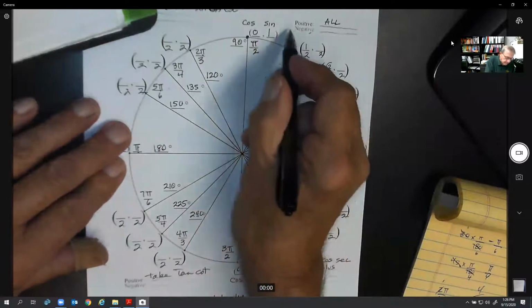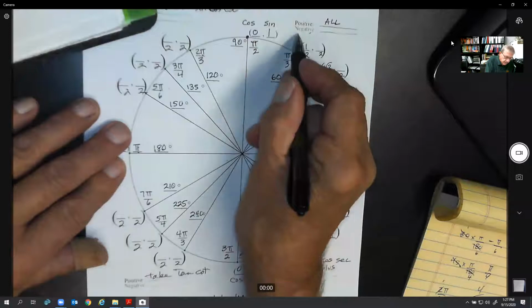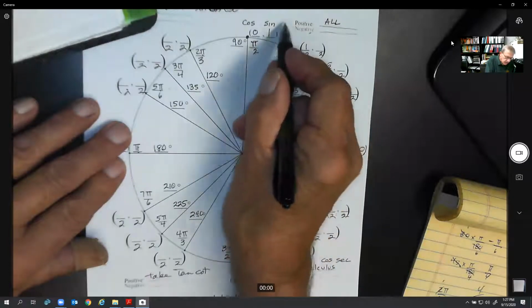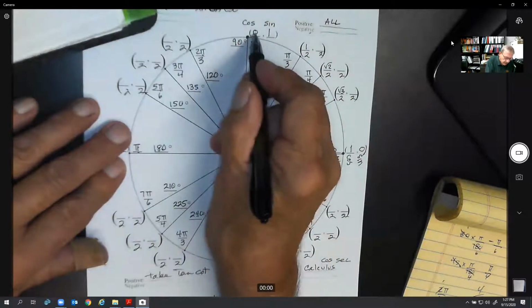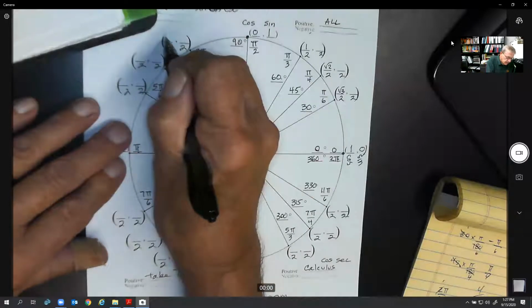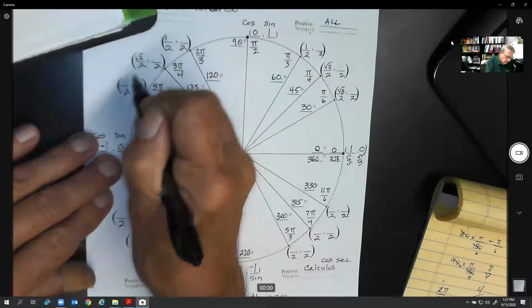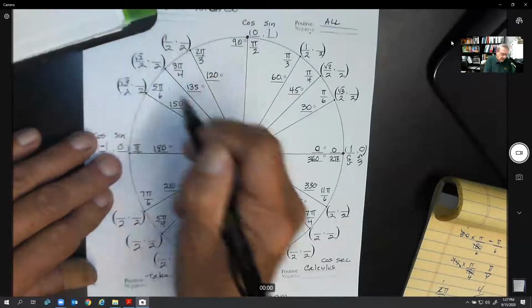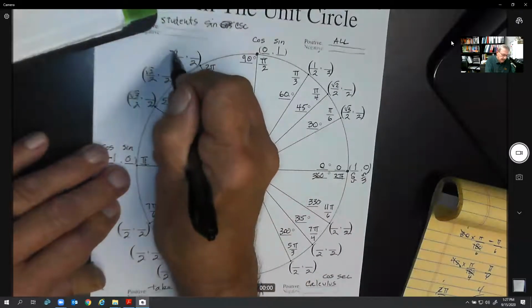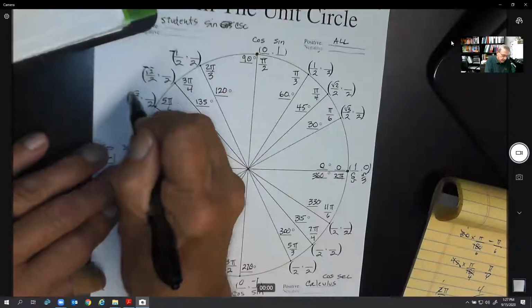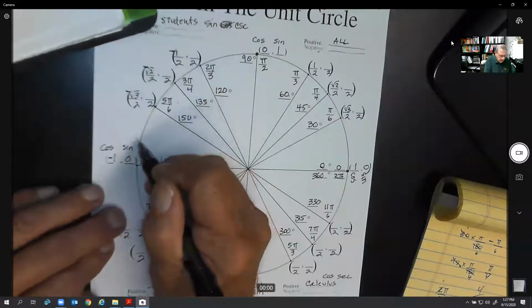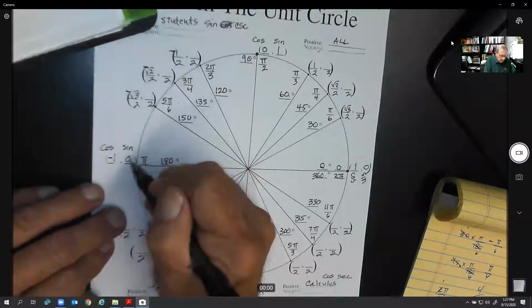Let's go this way. Okay, this is the first one. So this is going to be square root of 0, square root of 1, square root of 2, square root of 3. But in this quadrant, the cosine is negative. So we want to make those negative. Okay, 0.